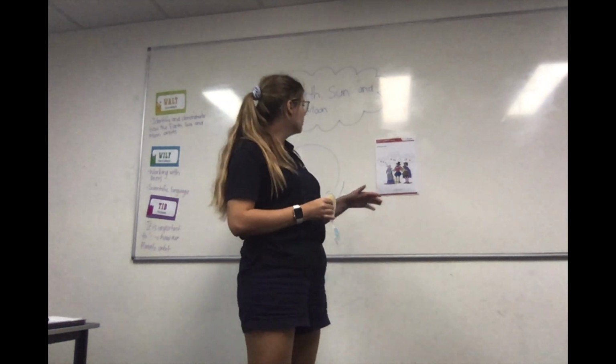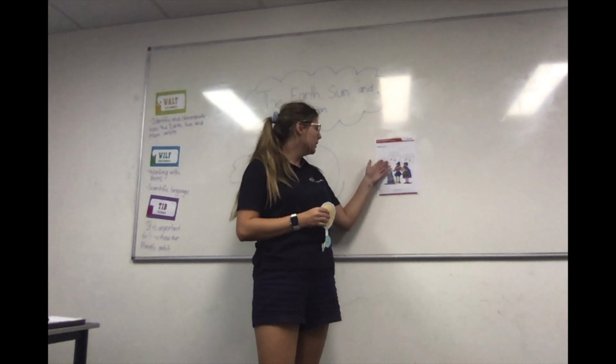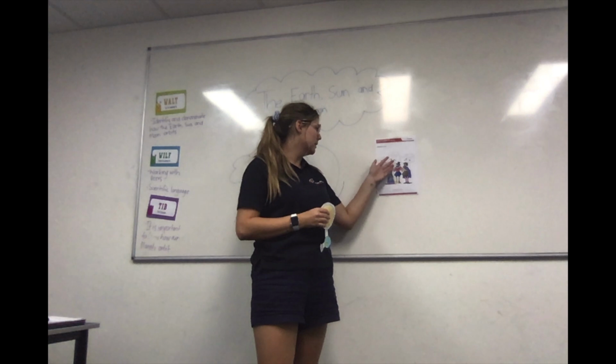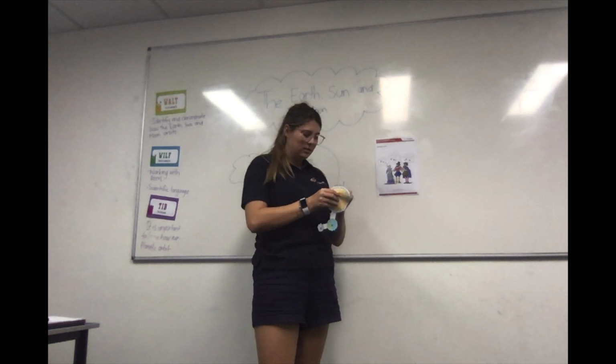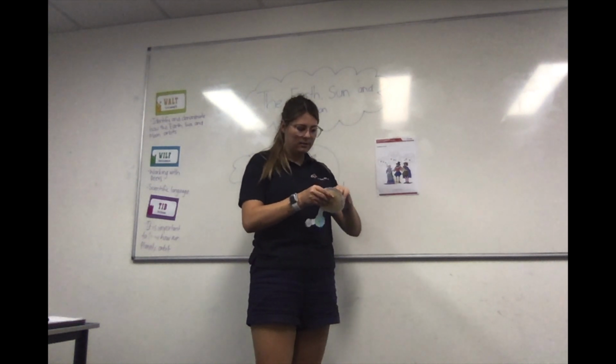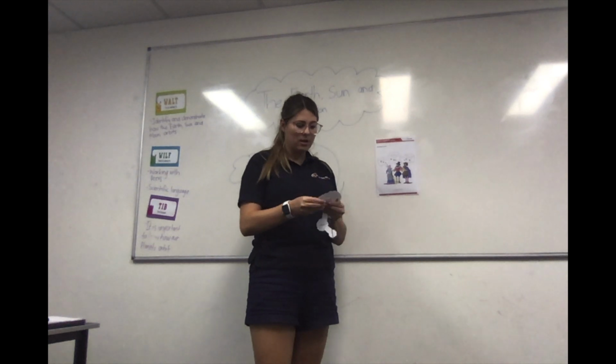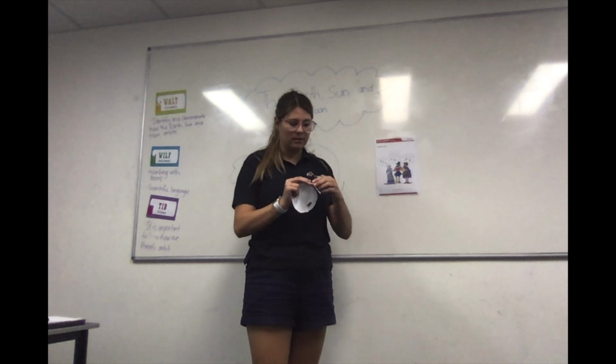Okay guys, come on back down. So we'll start with claim 1. Claim 1 was: the moon and the sun both circle around the earth. So let's just do that. The moon and the sun circle around the earth.